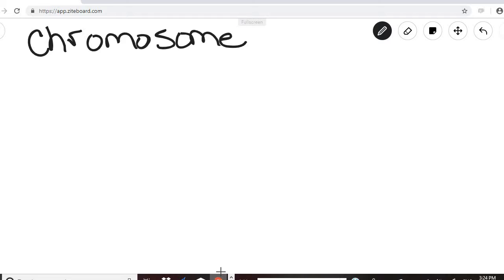Well, the answer to that is in a chromosome, the DNA gets coiled around some spools that are called histones, and it's almost like winding thread around a spool, so that the DNA can be made to take up less space.